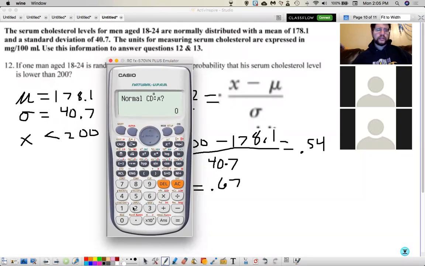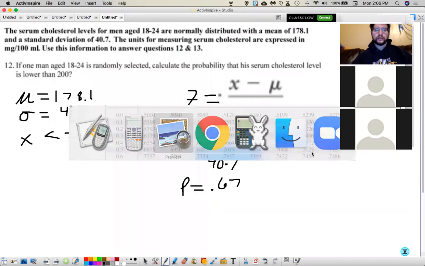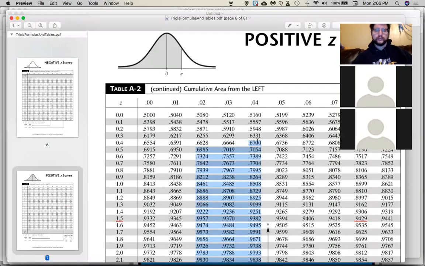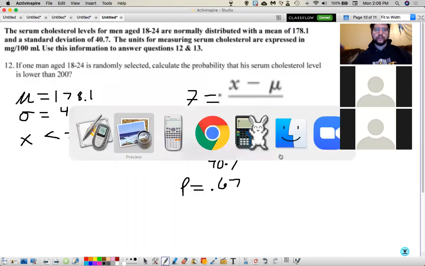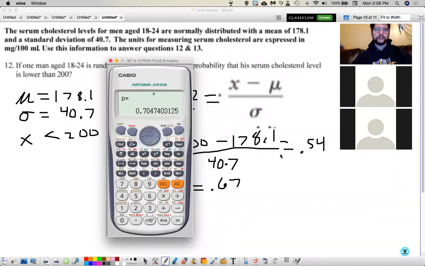Your mean, 178.1. I do expect to get something slightly different. 70.47. Okay. So there's a lot of rounding going on if you're using the charts, so you are going to get a slightly different answer than if you use technology. So the probability is 0.7047.